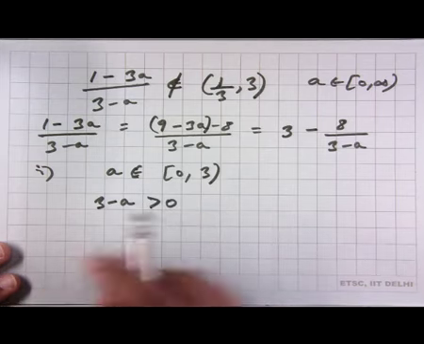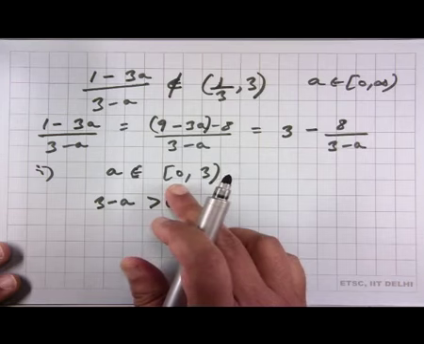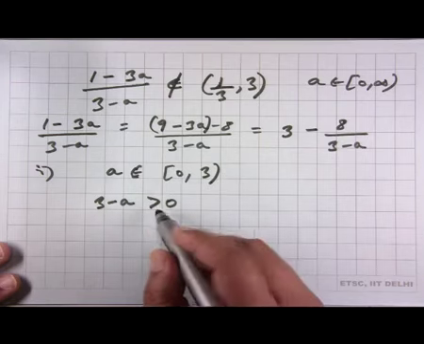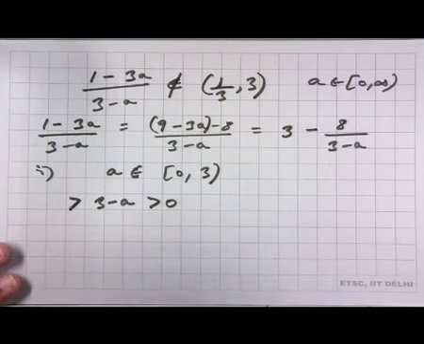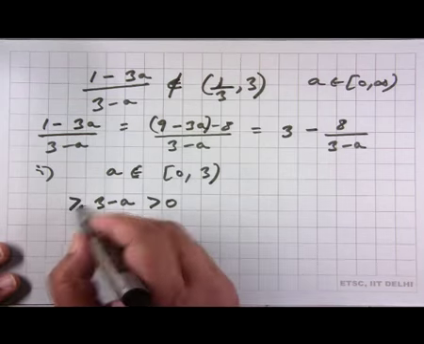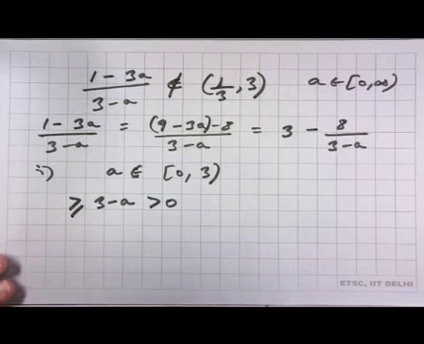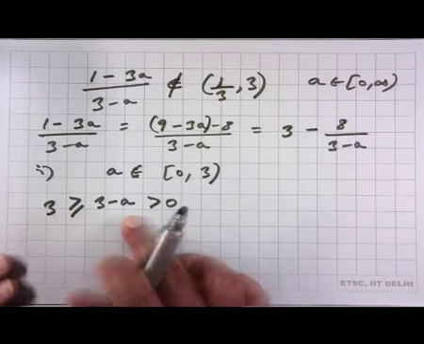and also that since a is greater than or equal to 0, it follows that 3 minus a has to be less than or equal to 3. So, this is what is true.